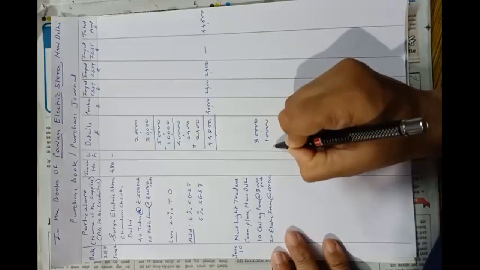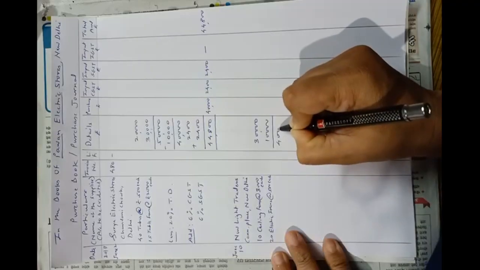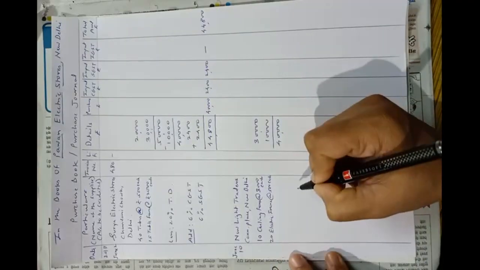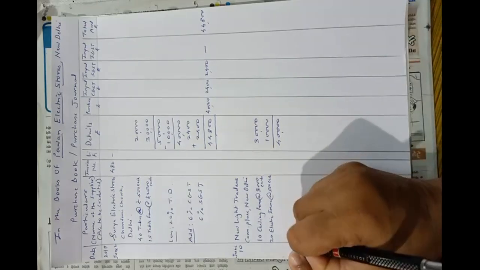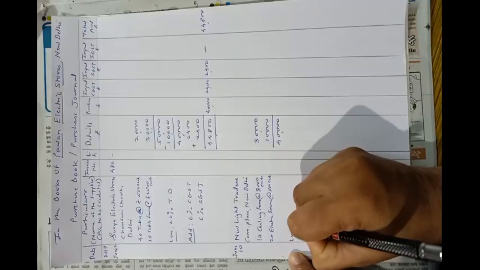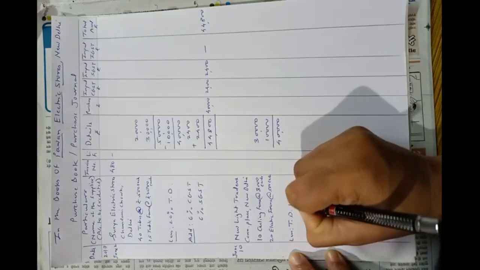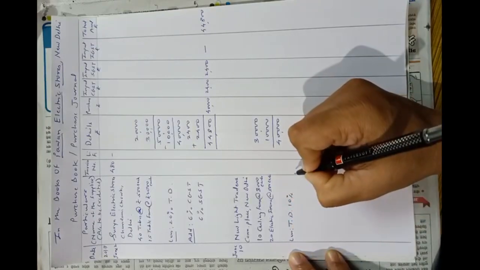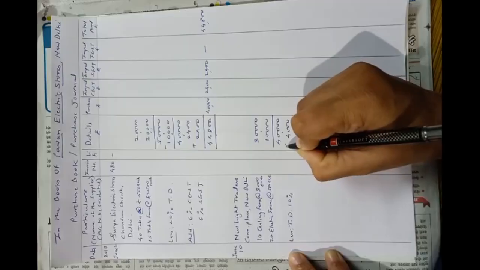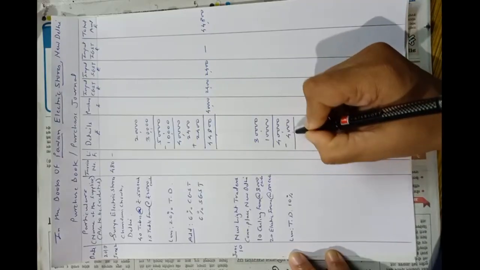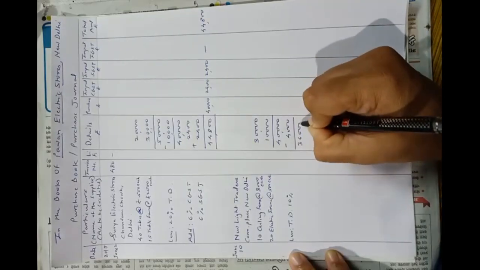Okay, so now let's add. Addition is 40,000. Here 10% discount is given, so less trade discount 10%. Okay, so 10% of this is 4,000, so we have to deduct discount from this, so it is 36,000.